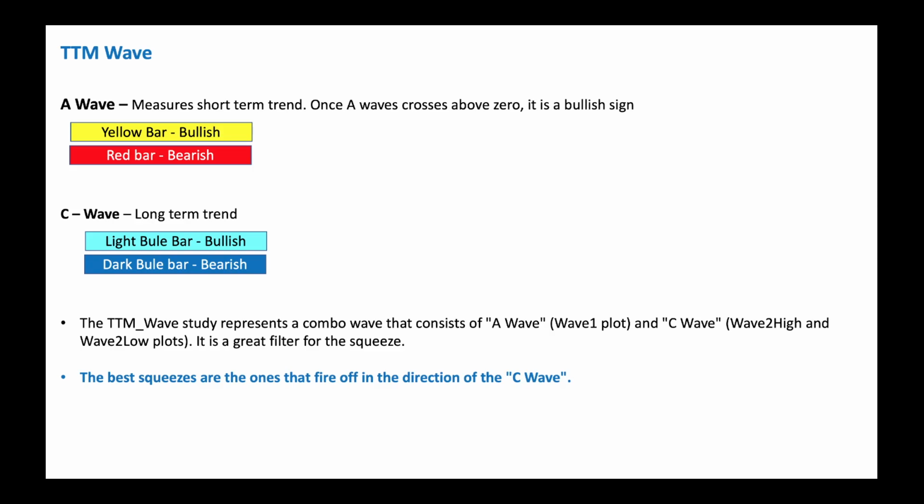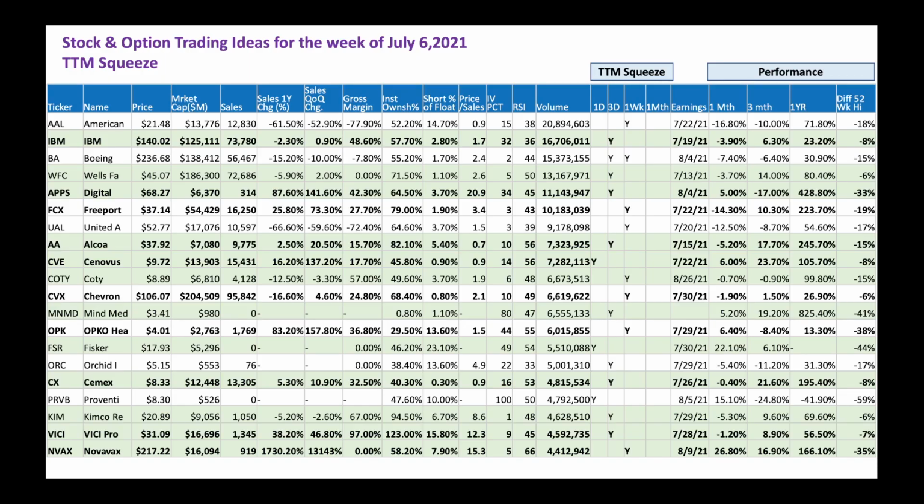That's where you look at a couple more indicators if you want to, and make sure you don't decide just by looking at the TTM wave. But the TTM wave will be a good indicator that tells you whether you can go short or go long. So with that, let's jump in here and look at the stocks here.